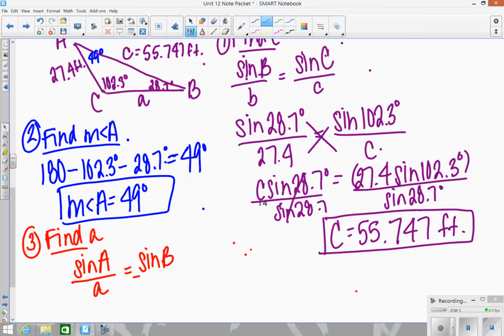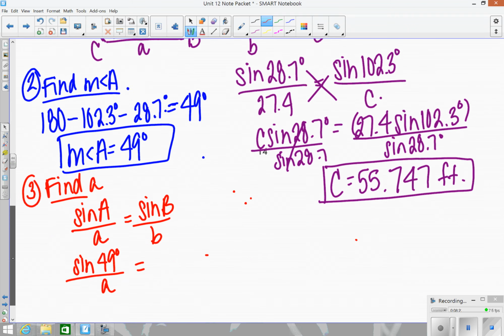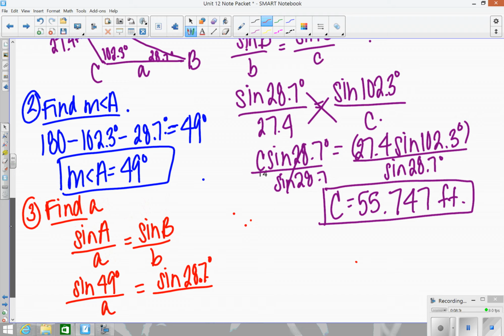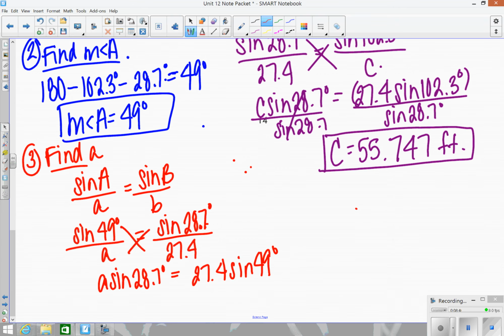So I'm going to use B, and then I'm just going to plug in. So sine of 49 over A equals sine of 28.7 over side B, so 27.4. Cross multiply, and then get A by itself.